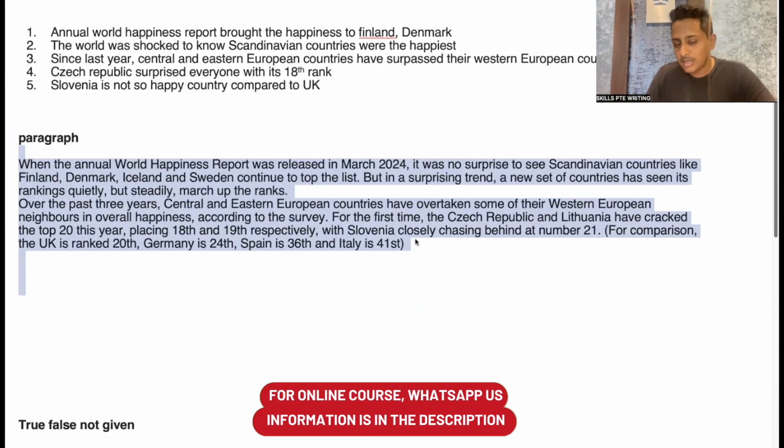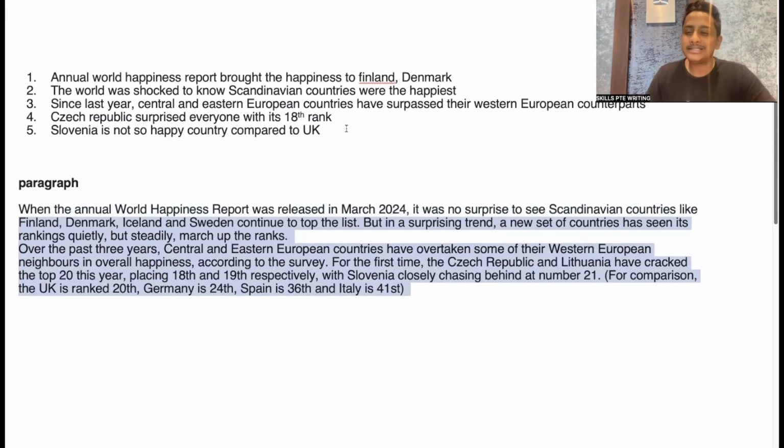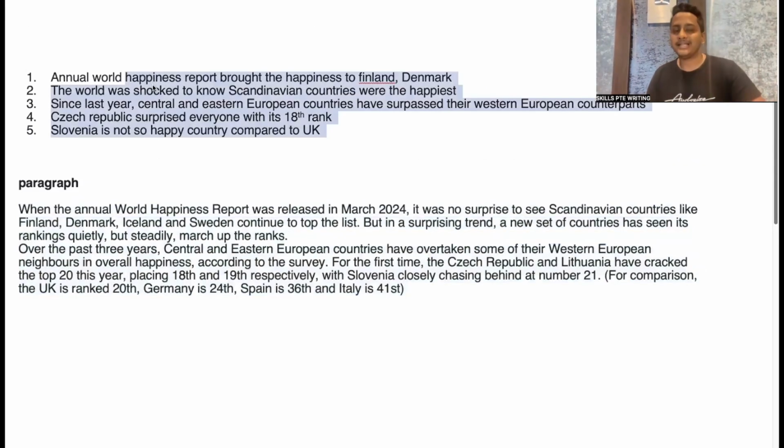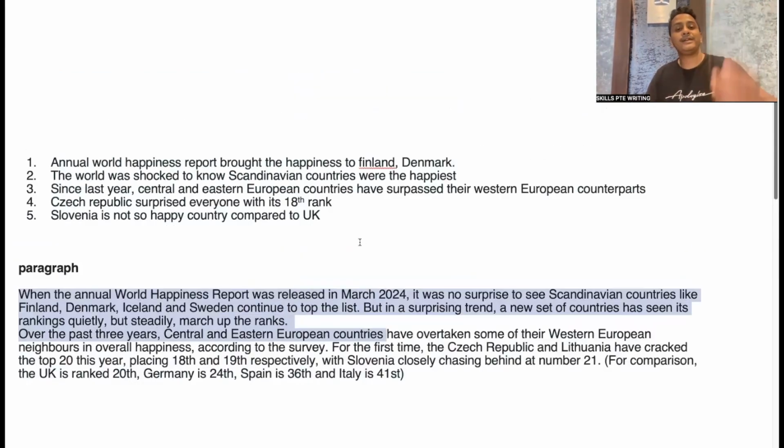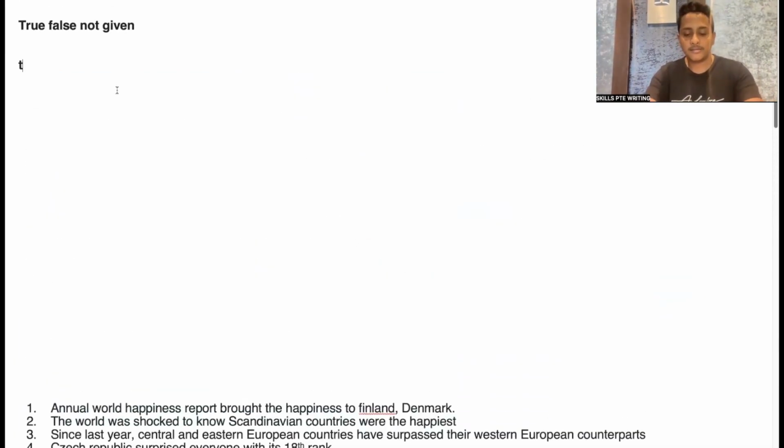So they're going to give you a paragraph like this and some questions like this. Annual World Happiness Report brought happiness to Finland, Denmark. If this is the question, read it here, and if it exactly matches the information given in the paragraph, write true.